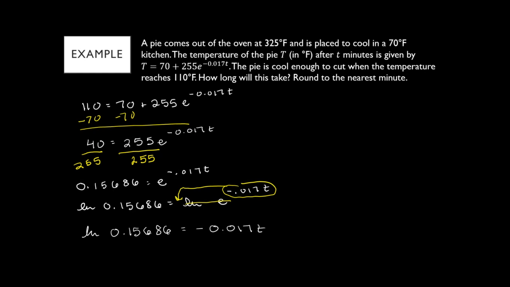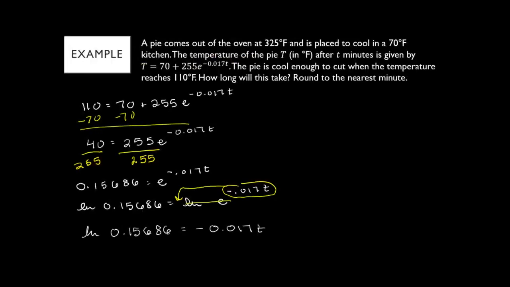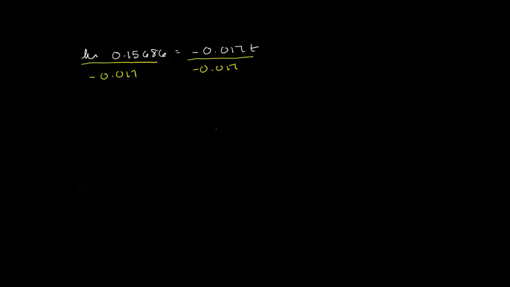So we need to divide both sides by negative 0.017. And I'm going to go to my next slide to rewrite this. Make sure I'm properly dividing both sides, do I have the correct number of zeros?